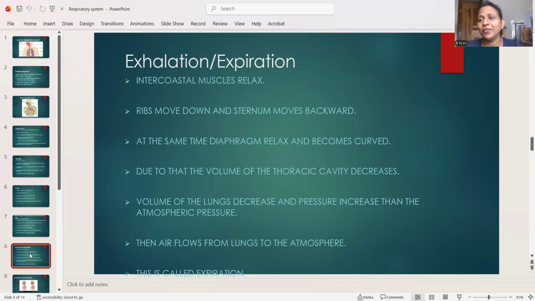So the volume of the thoracic cavity decreases and the volume of the lungs also decreases. This creates higher pressure inside the lungs than the atmosphere. Due to that, the air inside the lungs flows to the atmosphere. This is called expiration or exhalation.